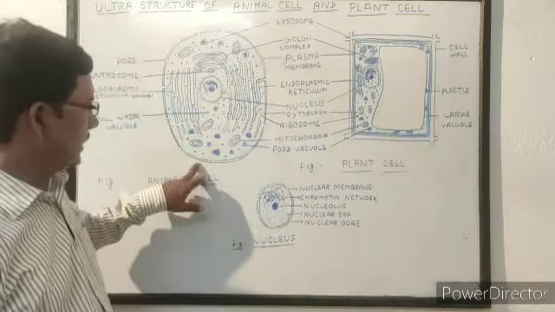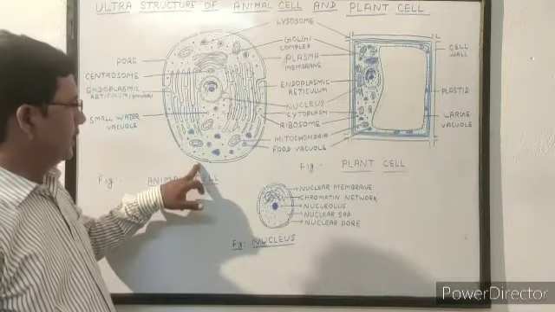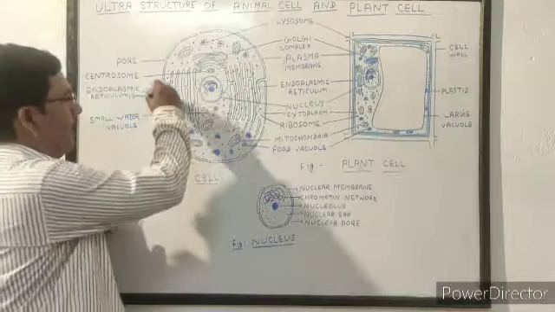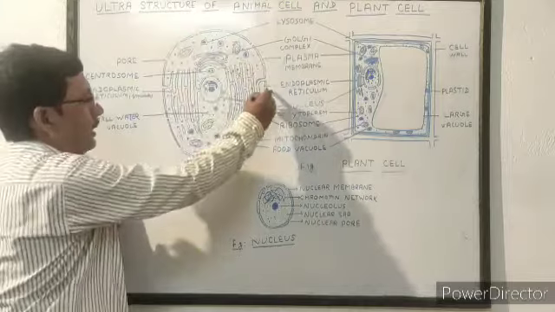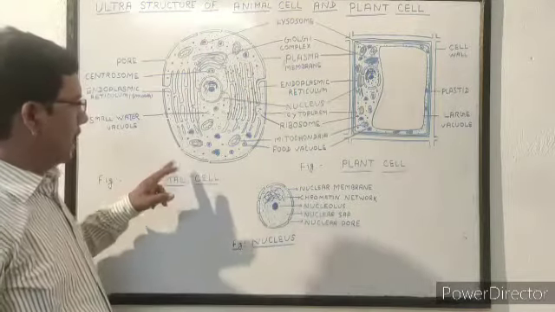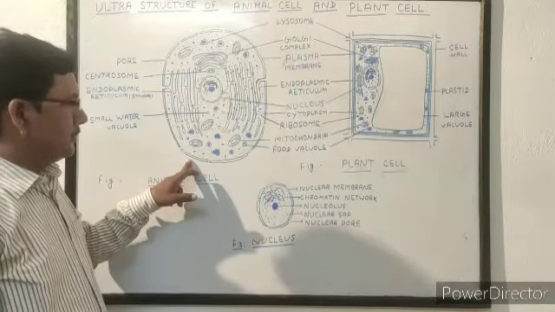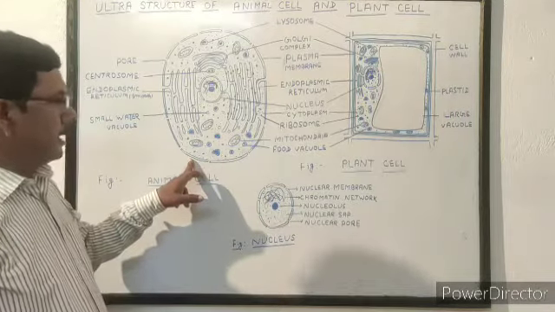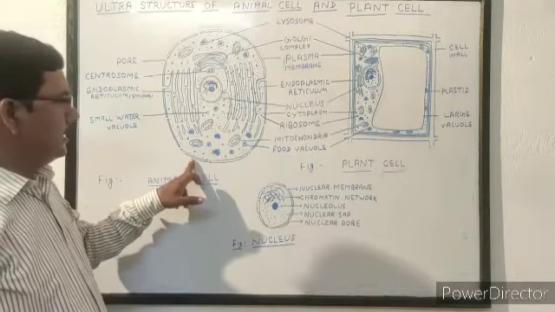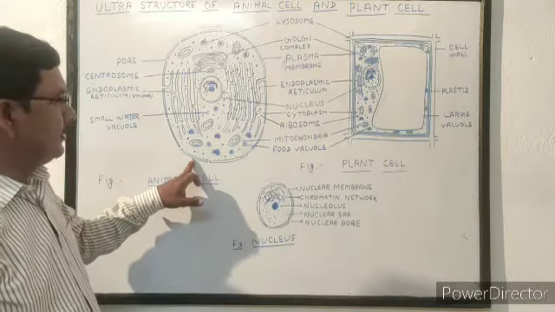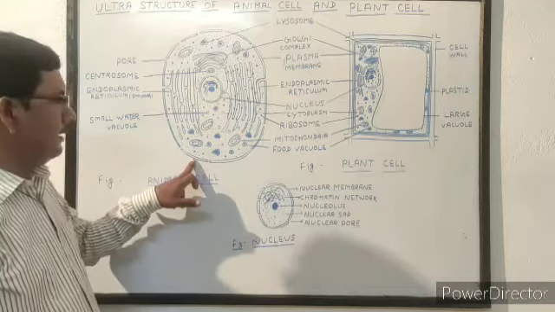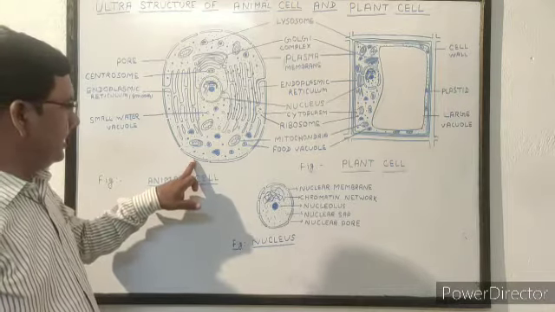Here is the ultrastructure of animal cell. So, animal cell is bounded by outer limiting membrane which is called plasma membrane. The plasma membrane is also called cell membrane. It is an outer, thin, elastic, semi-permeable, transparent, porous, double-layered membrane made up of lipid and protein.